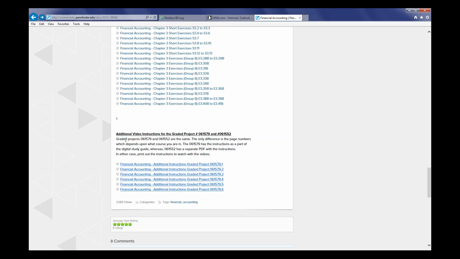And lastly, for the financial accounting, you have a graded project to do. The instructions are in the digital study guide, I believe beginning on about page 27. But some students have said they don't understand the instructions.